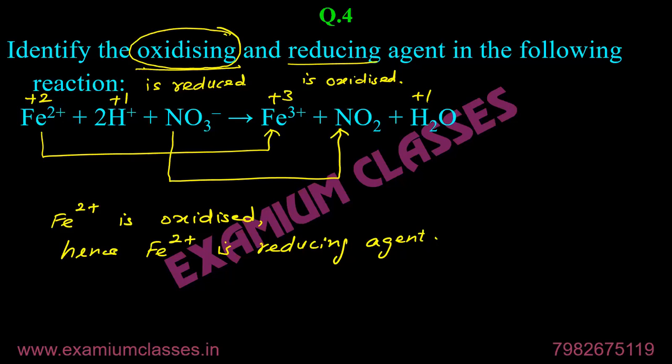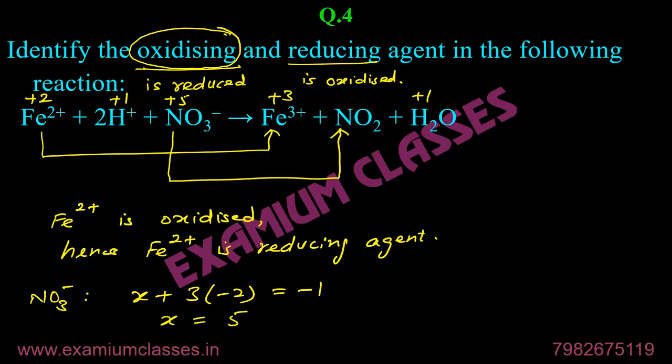Now NO3 minus means nitrogen X plus 3 times minus 2 equals minus 1, that is X equals 6 minus 1, that is plus 5. So here nitrogen is plus 5.